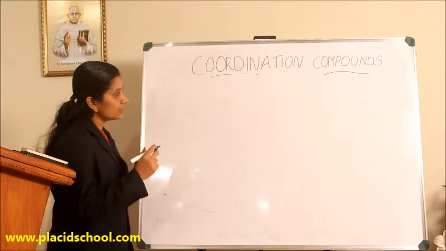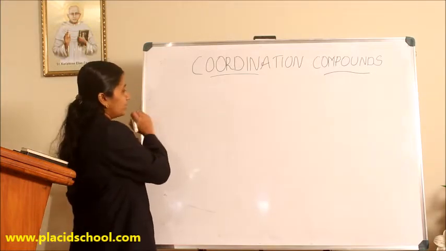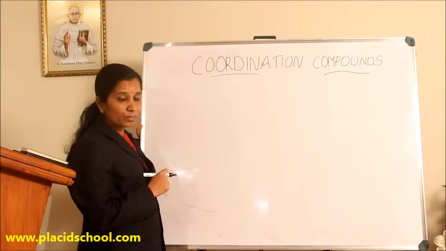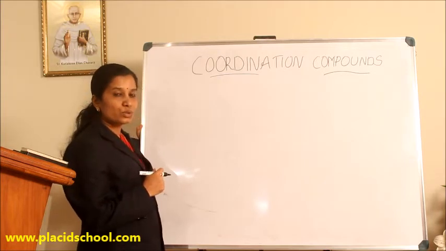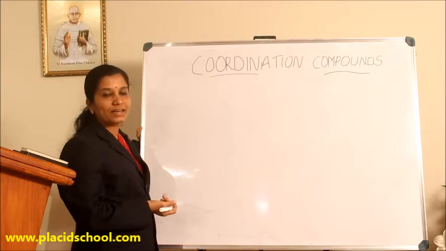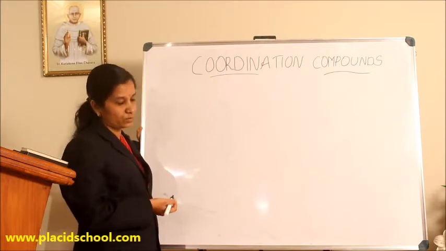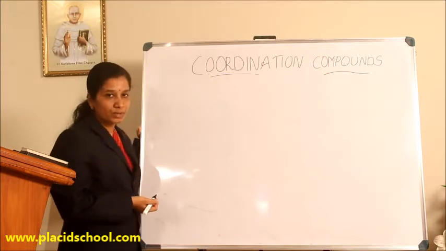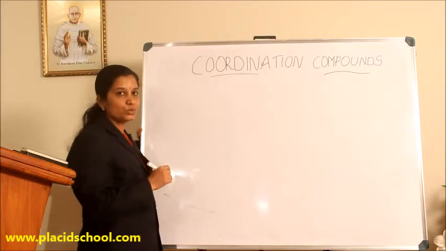So for that, when two or more stable compounds are mixed in a stoichiometric ratio, some crystalline compounds are formed and they are called addition compounds. These addition compounds are divided into two types.